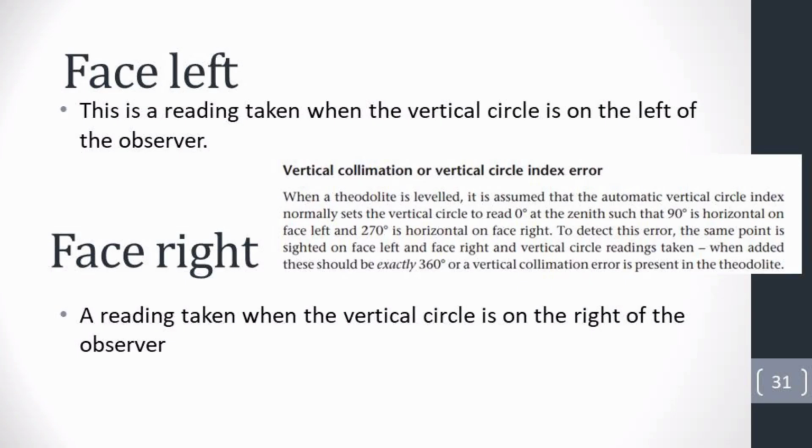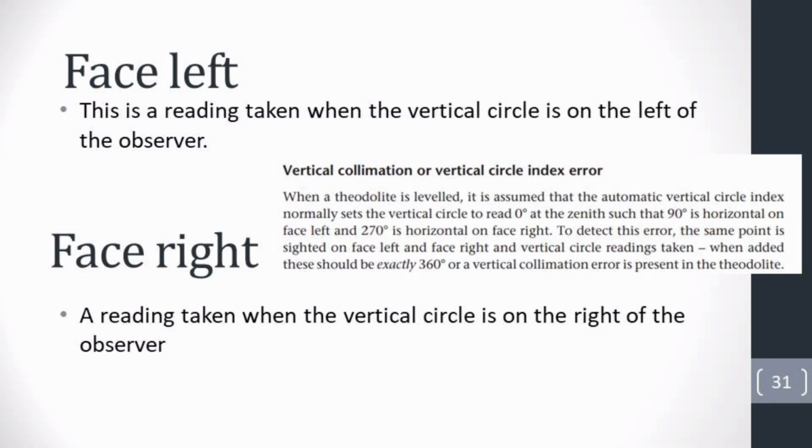When the theodolite is leveled, it is assumed that automatically the vertical circle index sets on the vertical circle to read 0, such that 90 degrees is the horizontal on the face left and 270 degrees on the horizontal on the face right. So that is something about the vertical angles.